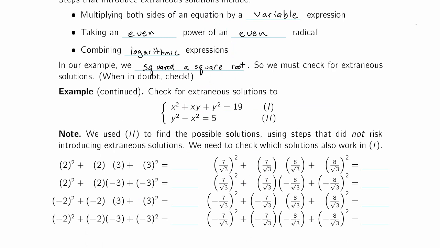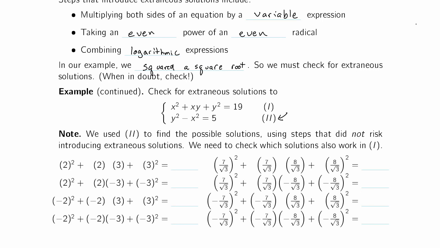Well, remember in our last solving step, we used equation 2 to find values of y. And none of the steps that we did at that point risked introducing extraneous solutions. Right? We took the square root on both sides and introduced a plus or minus. So all 8 of these pairs are definitely solutions to equation 2.